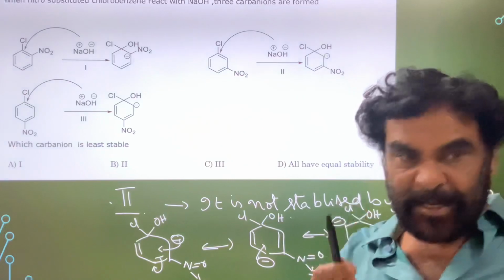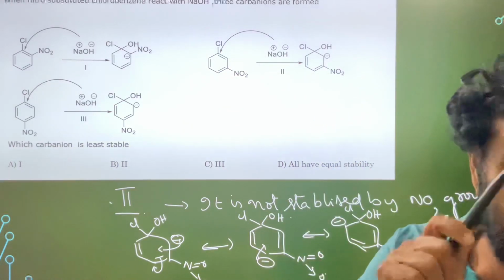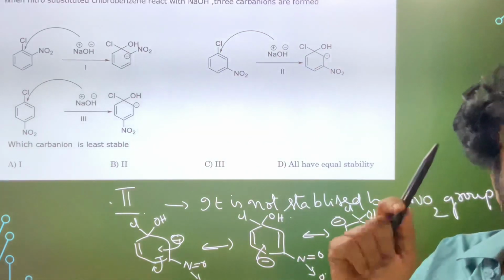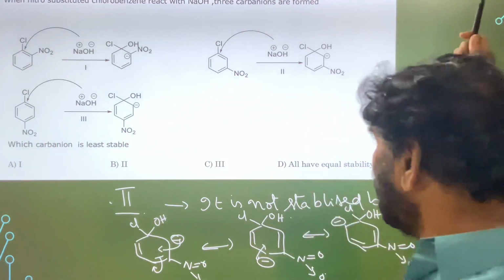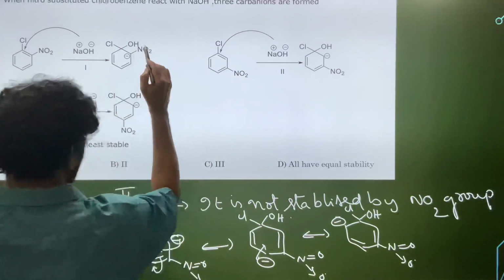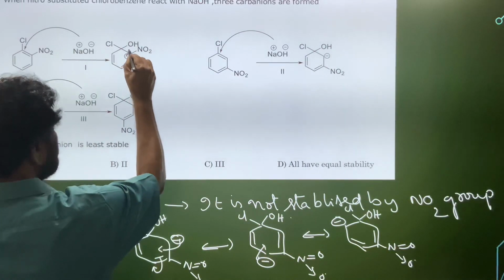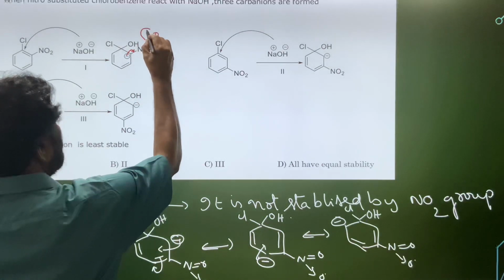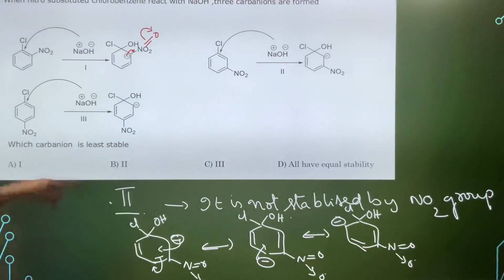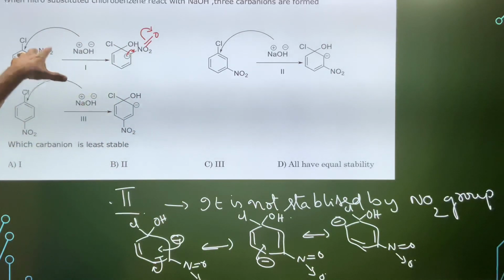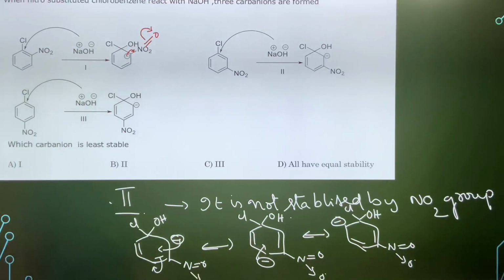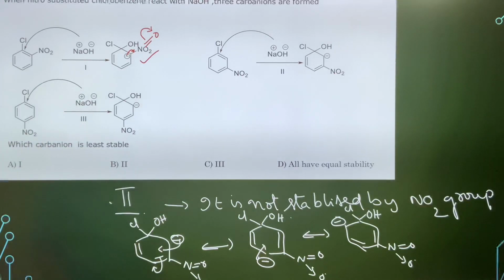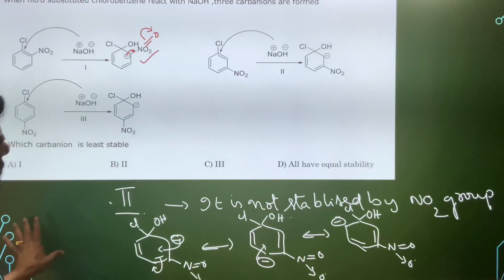If during the resonance the carbanion is created on the carbon to which the nitro group is attached, then this moves further into the nitro group. That gets the support of the nitro group, so the negative charge is delocalized. This is stable, and it is not stable in the case of the meta position.